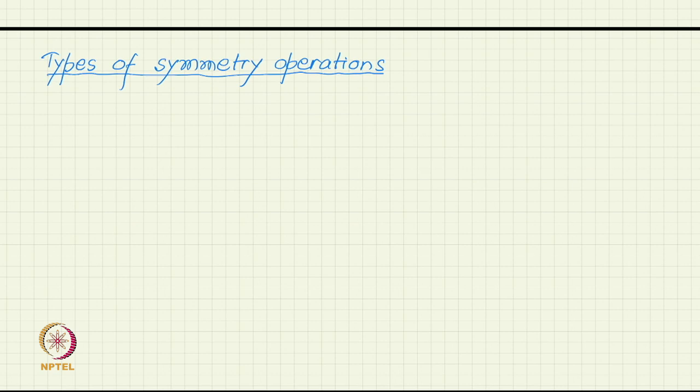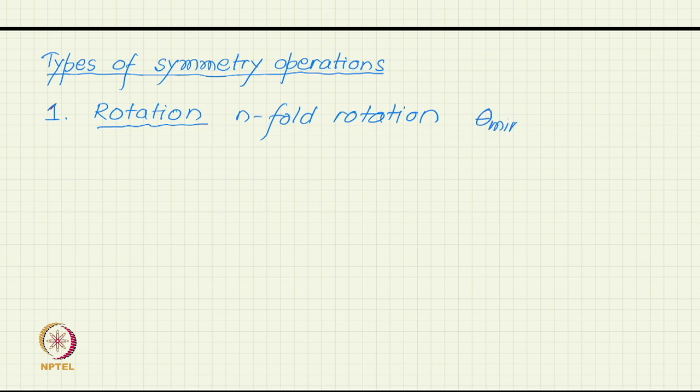Let us now make a list of what the possible symmetry operations can be. We have already seen some of them, for example, rotation, and we define the fold of rotation also, n-fold rotation, which is defined by theta min is equal to 360 by n.